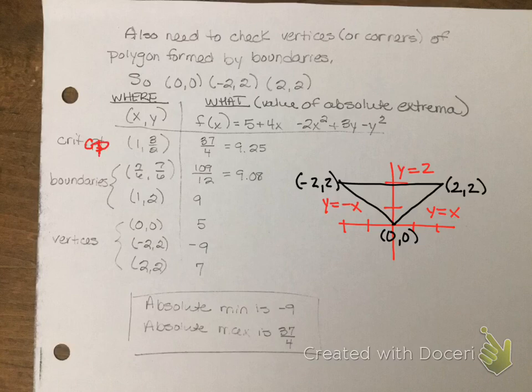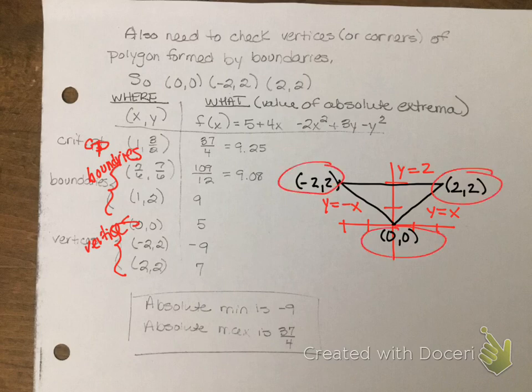These are the two values that I found from the boundaries. And these 3 points right here, I found from my vertices here, here, and here. I am plugging all 6 of those points into my original function. And when I do that, I get out these values.